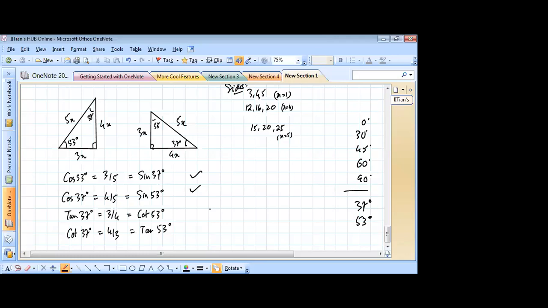Especially in the physics part, you will have a lot of problems which have angles of this type, 53 and 37 degrees. So you should remember these values.